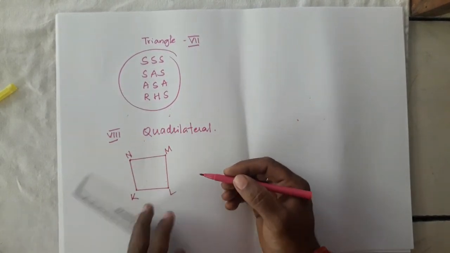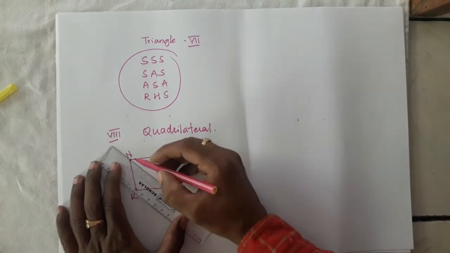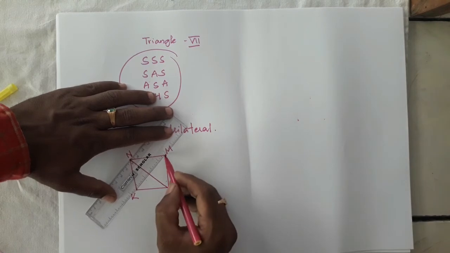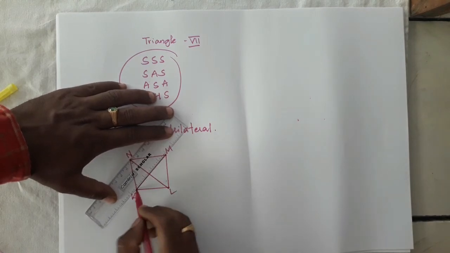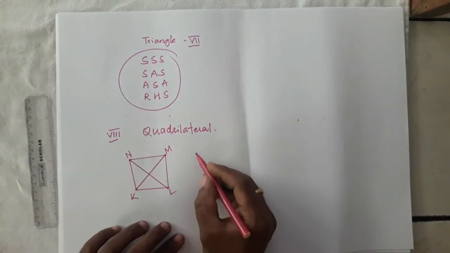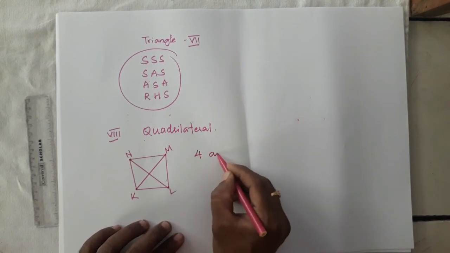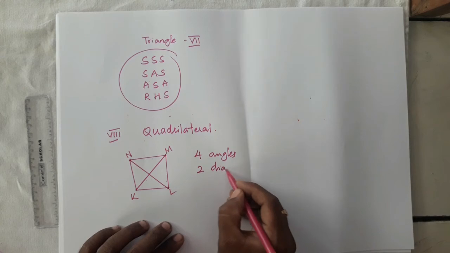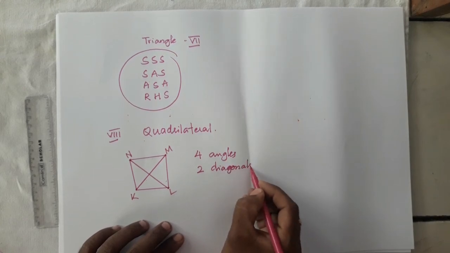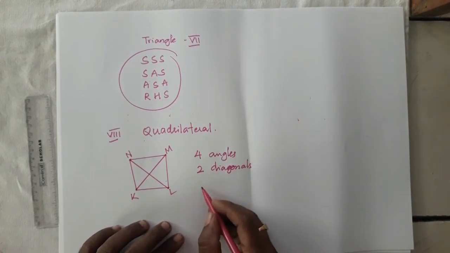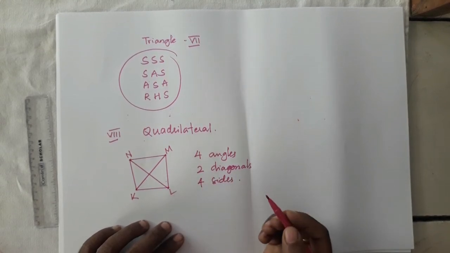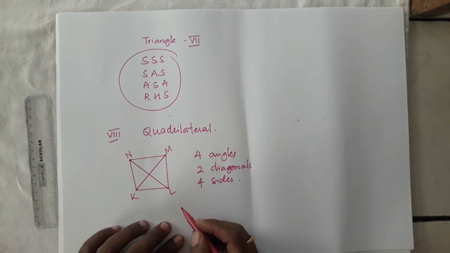If I join these non-consecutive vertices, I will have two diagonals. So there will be 4 angles, 2 diagonals, and 4 sides. These are the components of a quadrilateral.